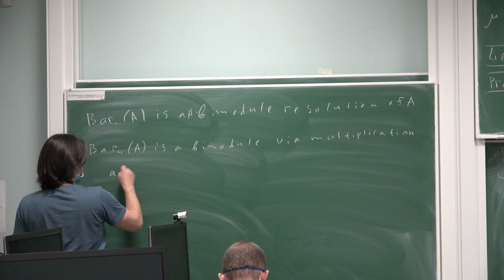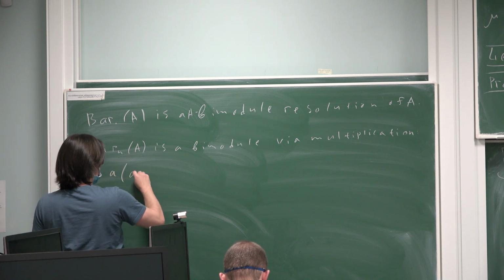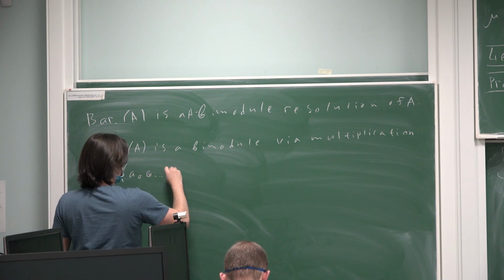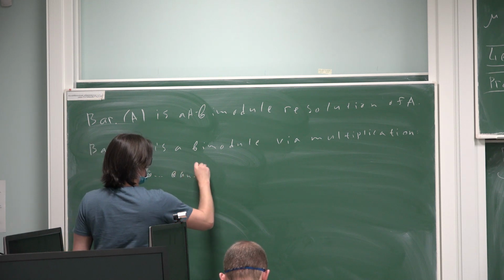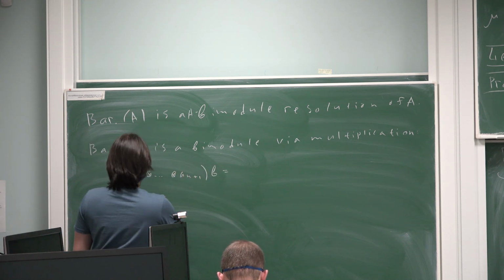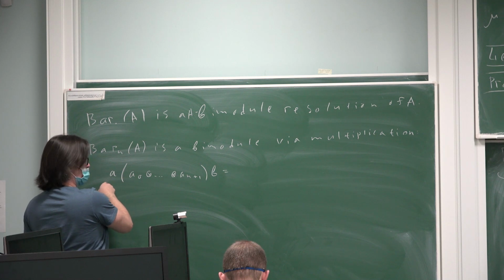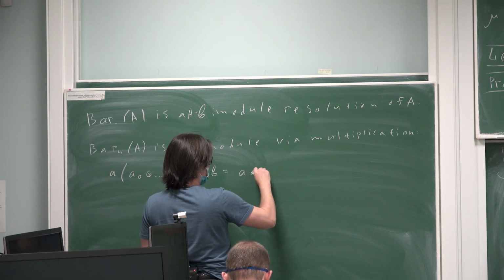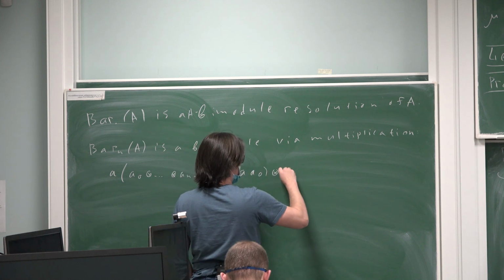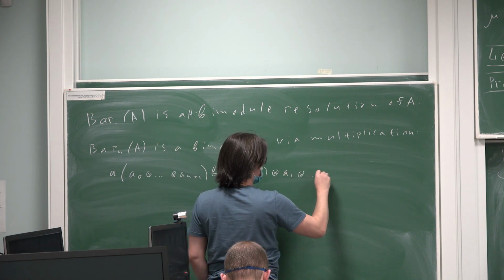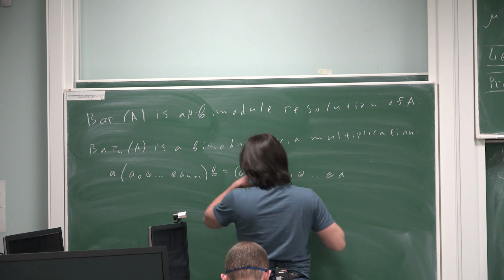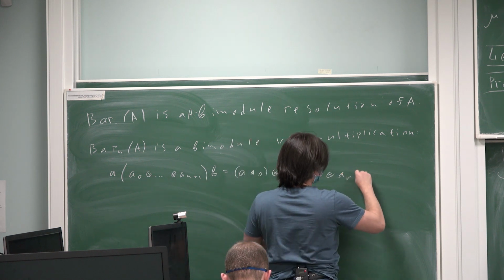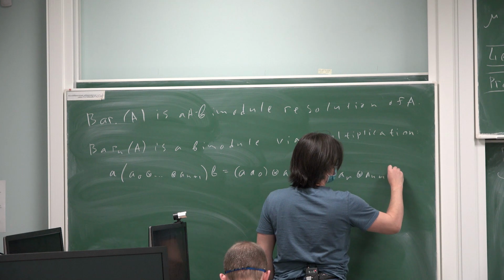If you want to multiply by a on the left and by b on the right, we simply multiply the left tensor by a and the right tensor by b. So we get a0 tensor a1 tensor and so on, tensor an, tensor a(n+1) b.